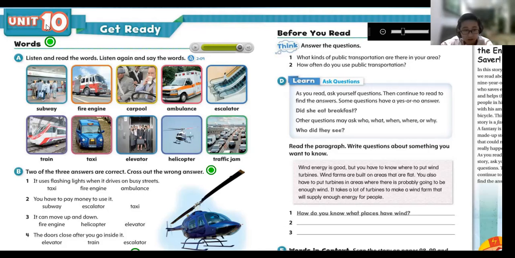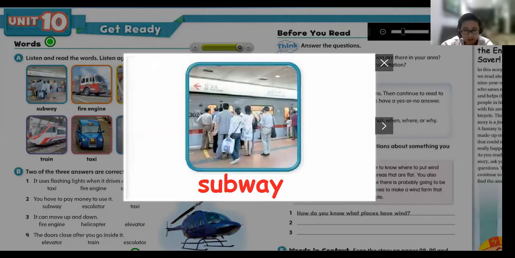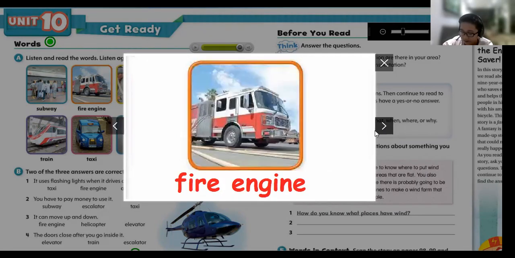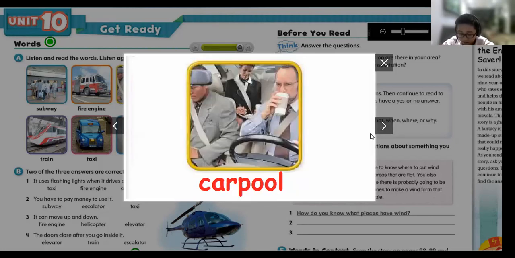Okay. So let's try to look. It's a subway. Subway. So have you seen a subway? Yes, I see a subway. Okay. This is a fire engine. It's a carpool. Okay, carpool.